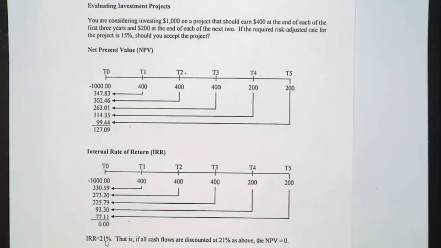Therefore, it's an accept decision. Both internal rate of return and net present value will give the same accept-reject signal as long as there is no capital rationing. If we have plenty of money and the projects are not mutually exclusive, then we would accept anything that has a positive NPV and anything that has an IRR greater than the required rate of return.